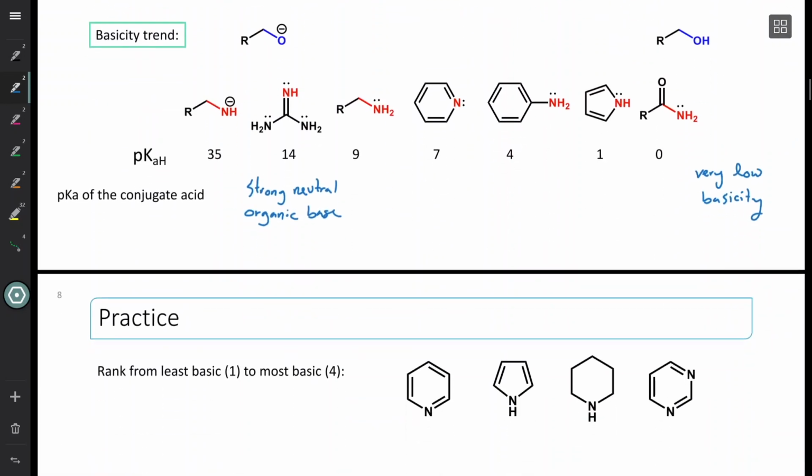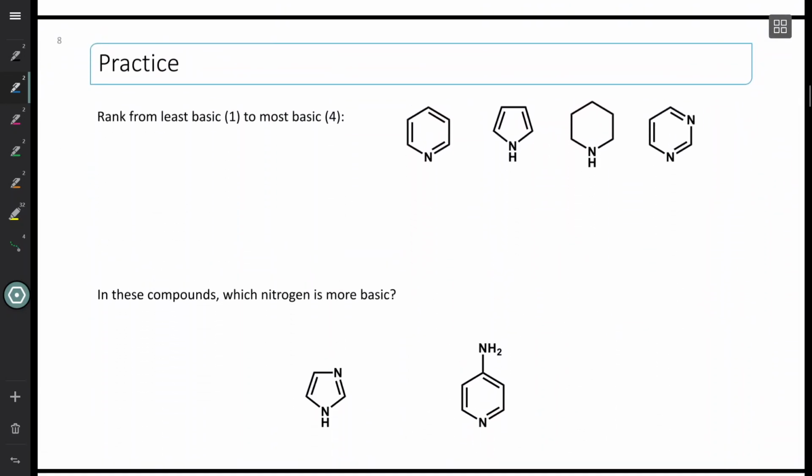So let's look at a few practice problems. Rank these from least basic to most basic. Remember, try it at home. I want you guys to try it. Okay, I'm going to do it. We're going to compare all of these nitrogens.